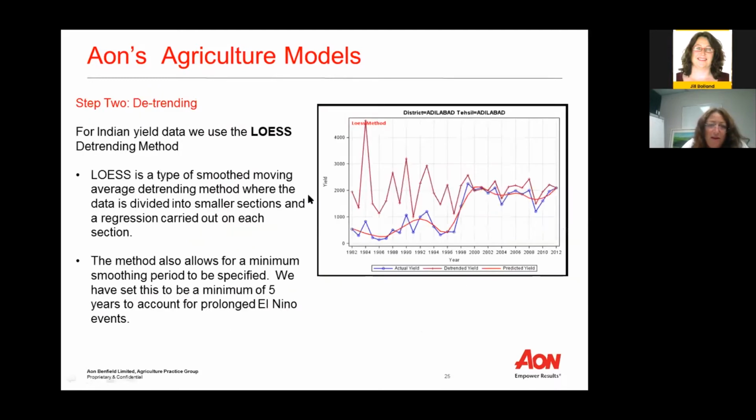For India, we've got a new method, which we use now, called the Loess method, which is sort of like a smooth moving average. It chops your data period up and fits a curve to each section.